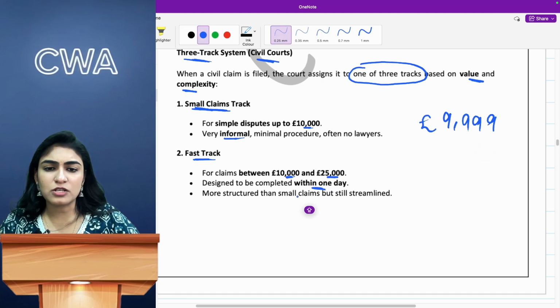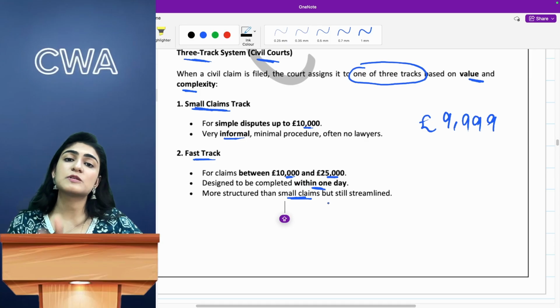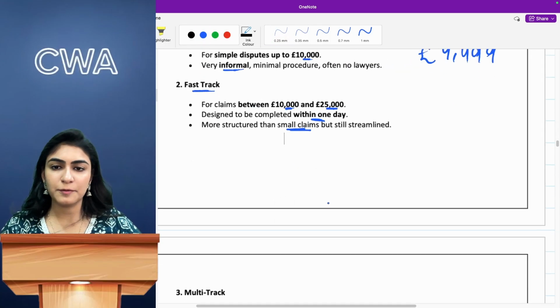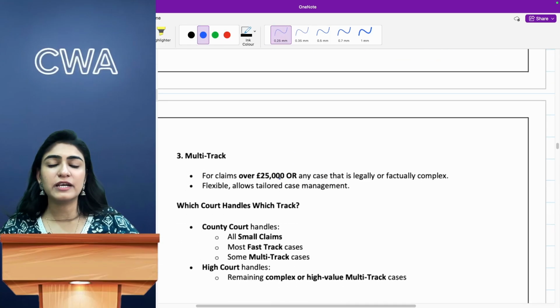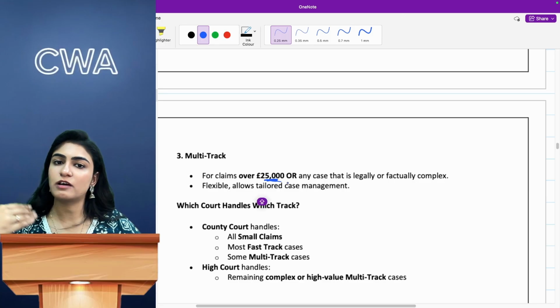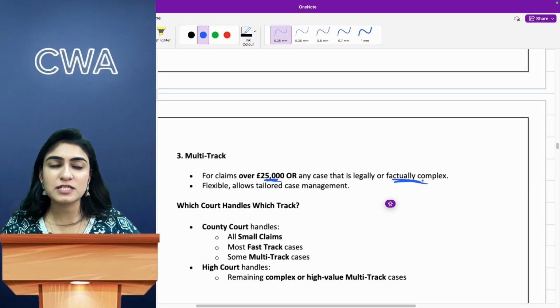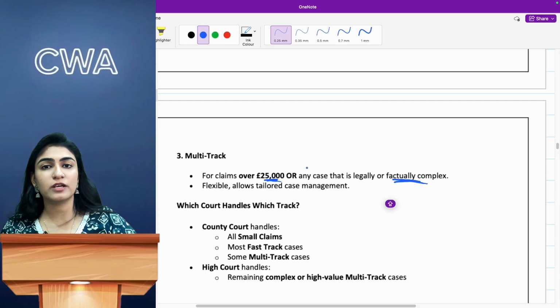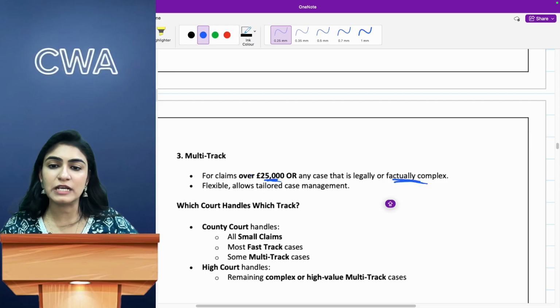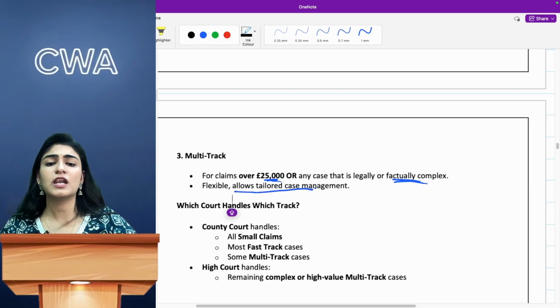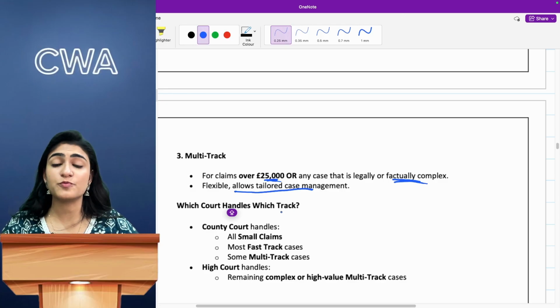It is more structured than small claims, but still streamlined. And then there is multi-track for claims over 25,000 pounds, or if the case is very complex, it goes to multi-track. It is flexible and allows proper case management.